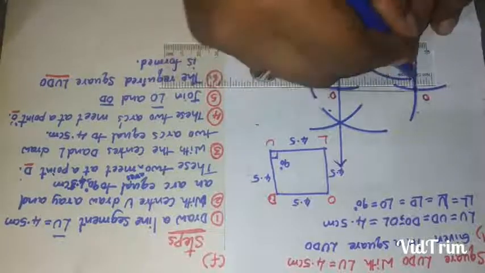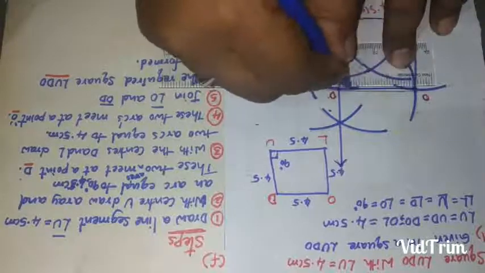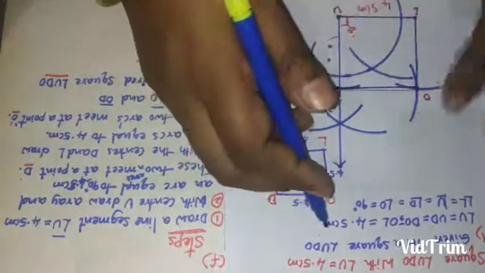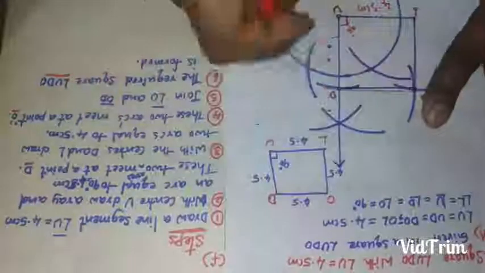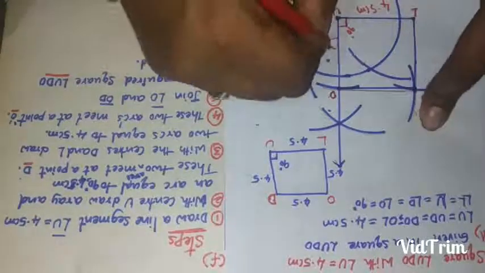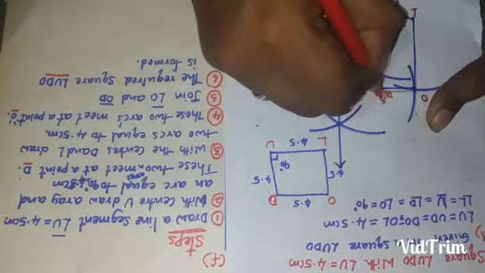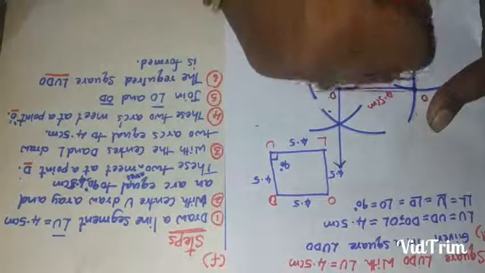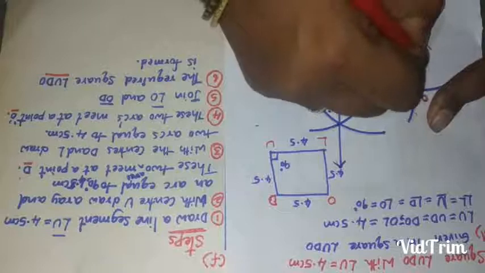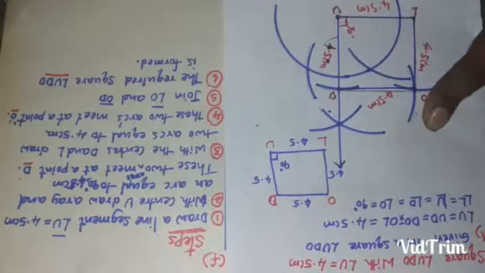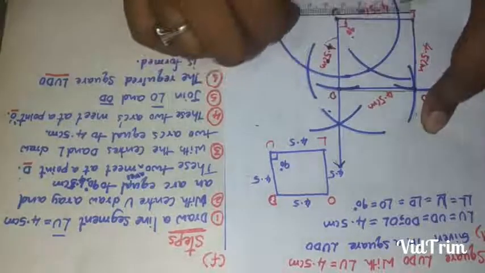One point on D, one point on O is D. Okay children. Now UD is also 4.5 centimeters. OD is also 4.5 centimeters. LO is also 4.5 centimeters. If you want, I will show the scale, 4.5 centimeters. All are 4.5.